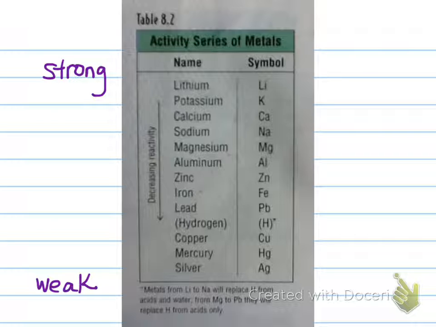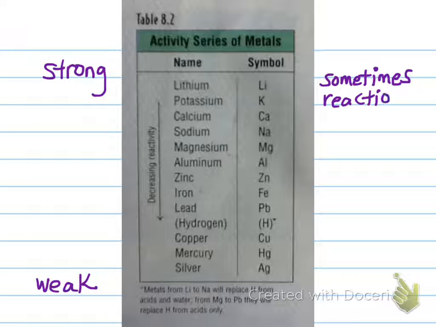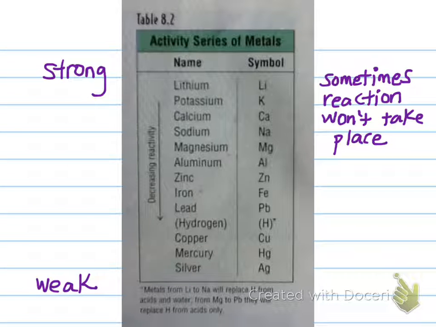And what this means is that sometimes you won't write that there are products because sometimes the reaction won't take place. Again, in my example, if lithium is reacting with aluminum in some compound, that reaction will take place because lithium is higher than aluminum.